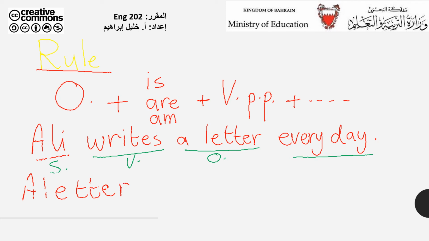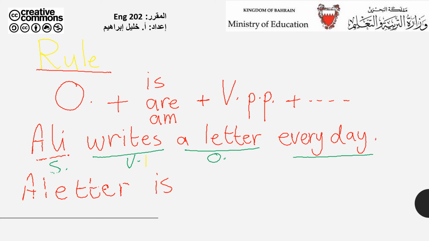Step number two, we need to choose one of these three helping verbs, is, are, or am. Of course, a letter is singular, and the verb is verb 1. So the best one is is. So we write is. A letter is.